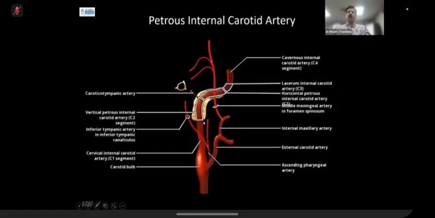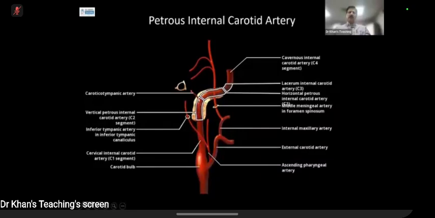Now, just concentrate on what happens with the carotid artery. Now, carotid artery is coming through the neck. It is the content of the carotid space. It goes into the petrous temporal bone, the pyramid. And if you see here, it travels through it vertically, and we will see it on a CT scan shortly.